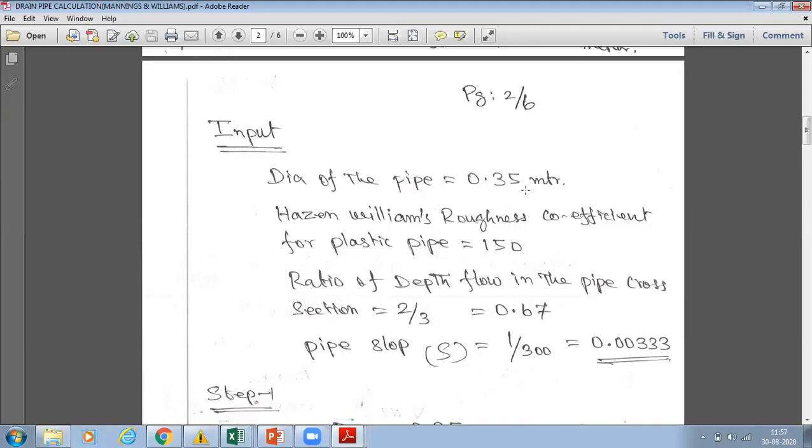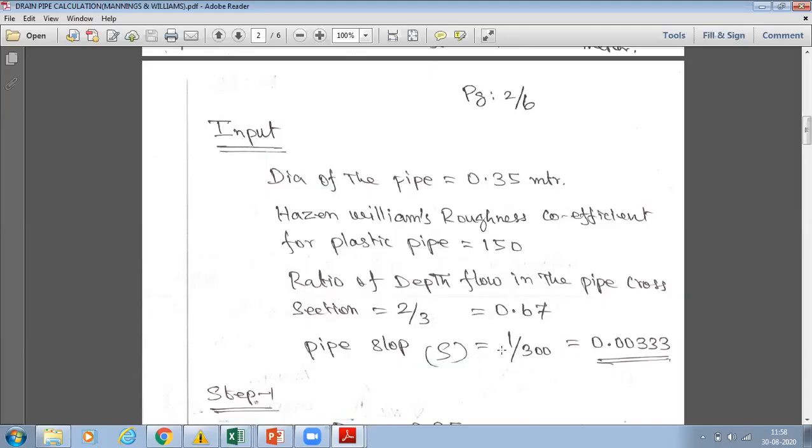Diameter of the pipe: 350 mm, or 0.35 meter, I consider. Hazen-Williams roughness coefficient for plastic pipe, I have considered 150. Ratio of depth of flow in the pipe cross section, I consider 2/3, meaning only 2/3 of the pipe will flow.